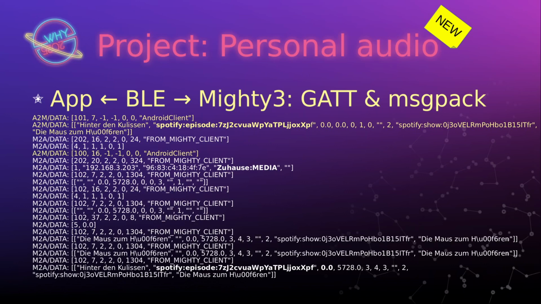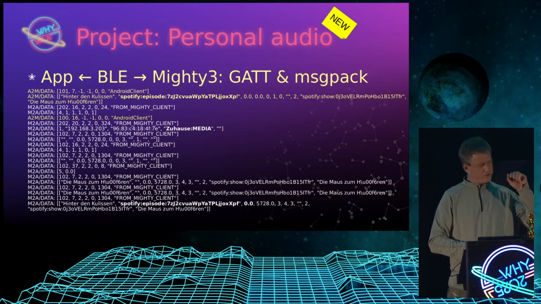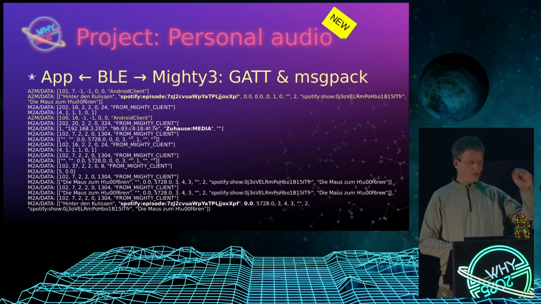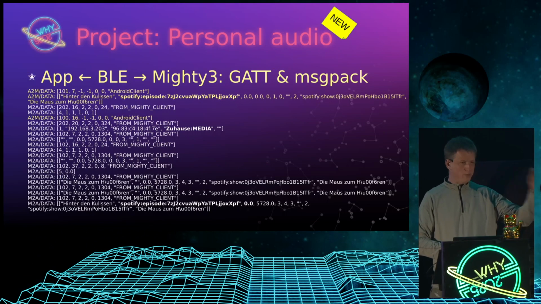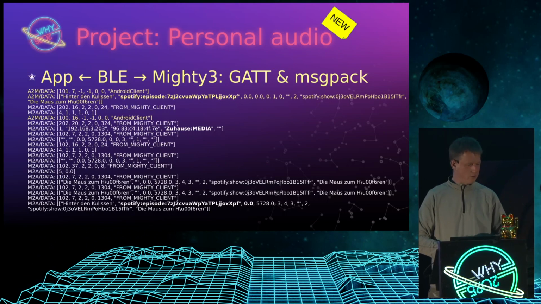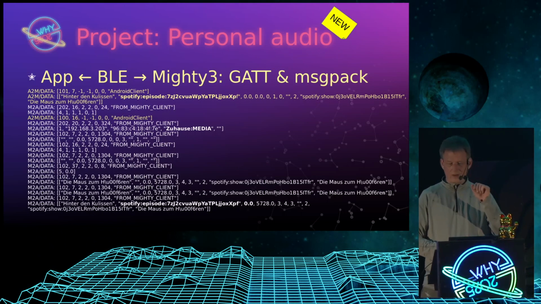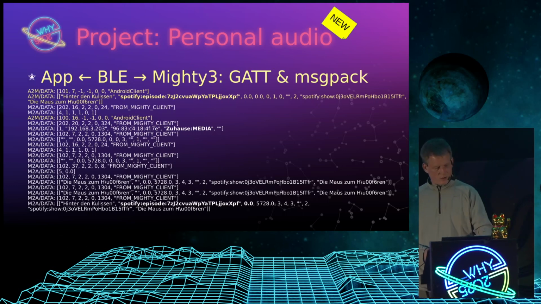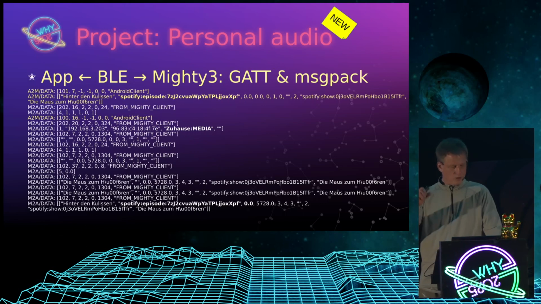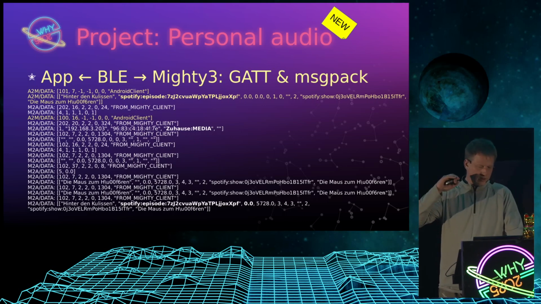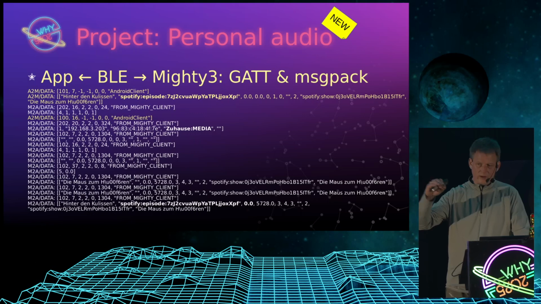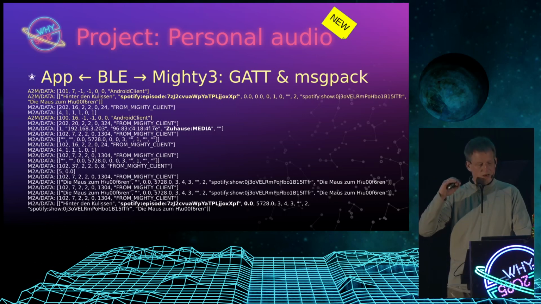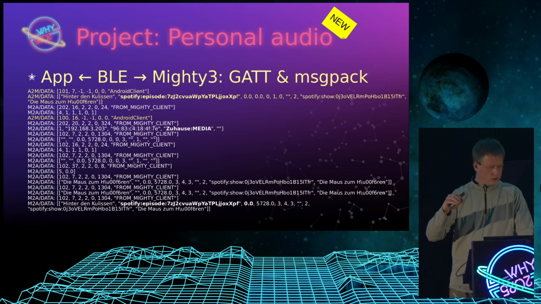So it's using just regular GATT, which is just a hey, write this string in this property on the device. So the property might be the command channel. All right, and what you see here is the interaction from the app with the device, already MessagePack decoded.